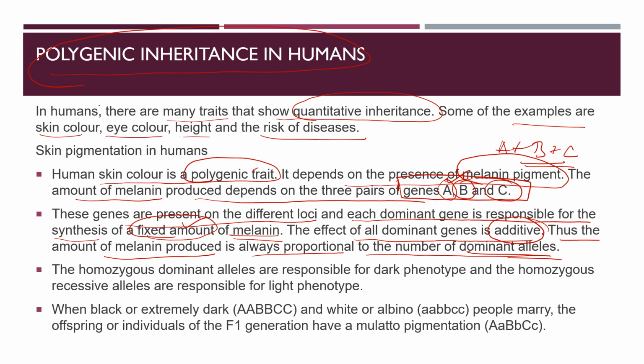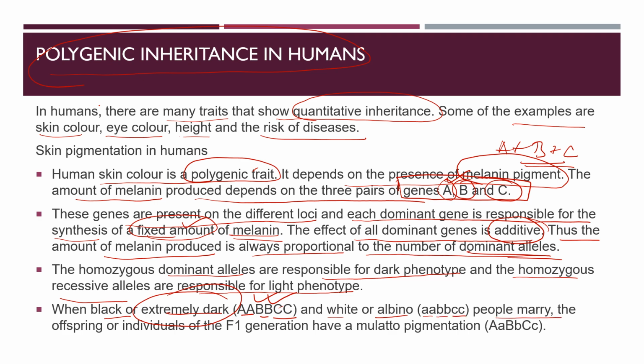The homozygous dominant alleles are responsible for the dark phenotype, and the homozygous recessive alleles are responsible for the light phenotype. So black or extremely dark is AABBCC, three pairs of genes showing the extremely dark phenotype, and white or albino is recessive a, recessive b and recessive c.